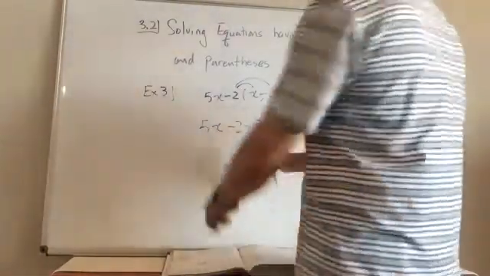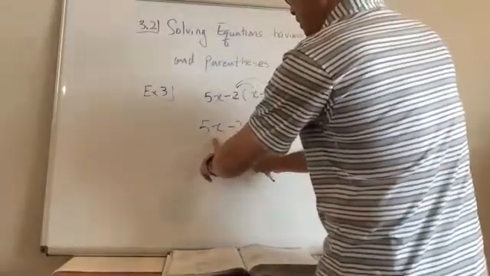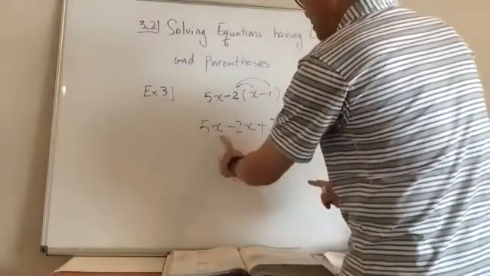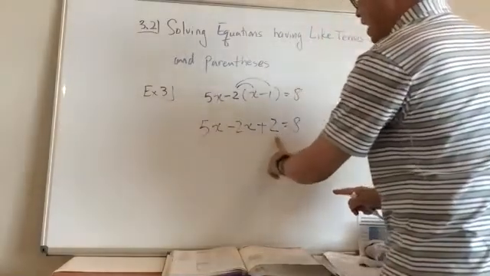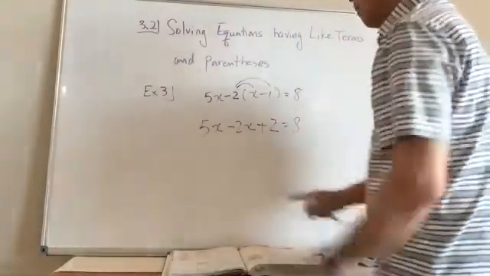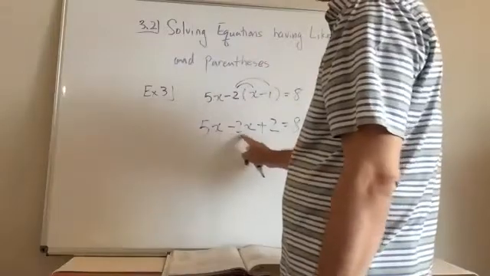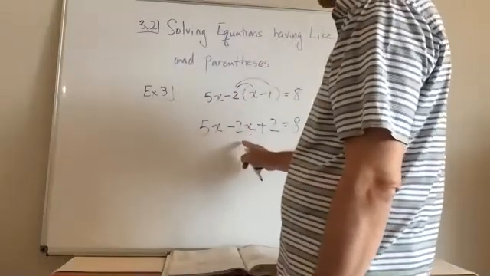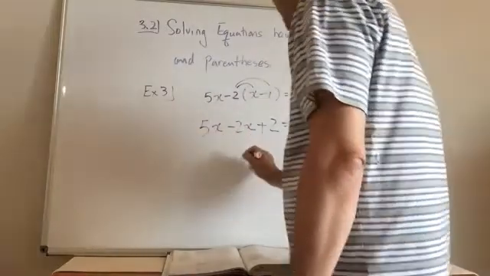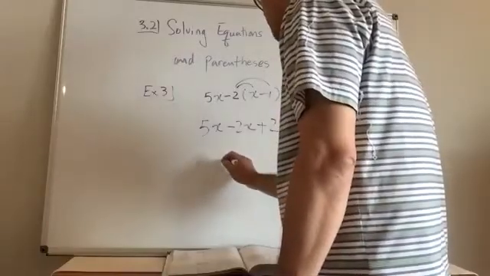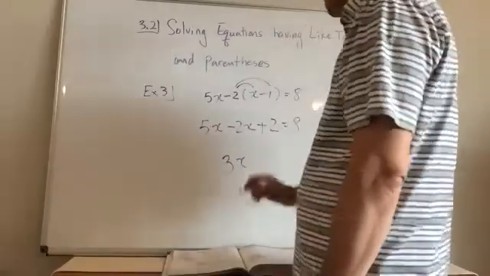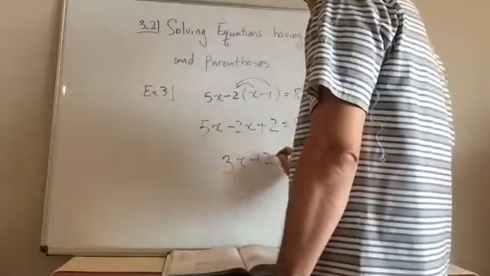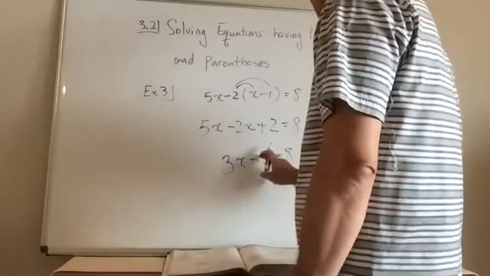I have these two are like terms, and they both have x's. This one does not have an x, so I can't combine it. But I can combine these two, 5x minus 2x. Since they both have x's, and it's 5 minus 2, it becomes 3x plus 2 is equal to 8.